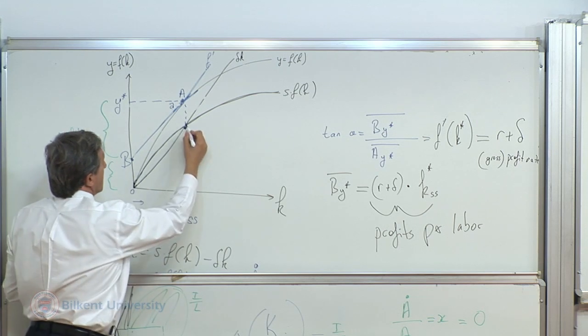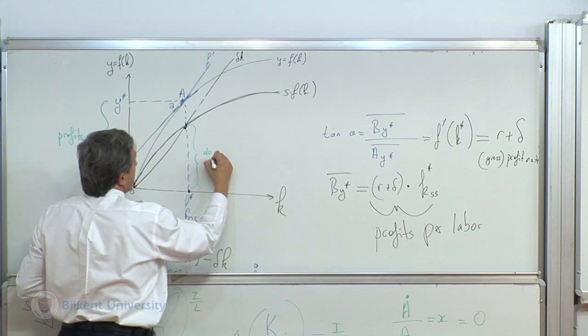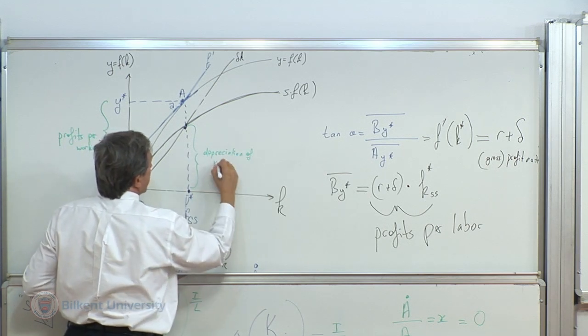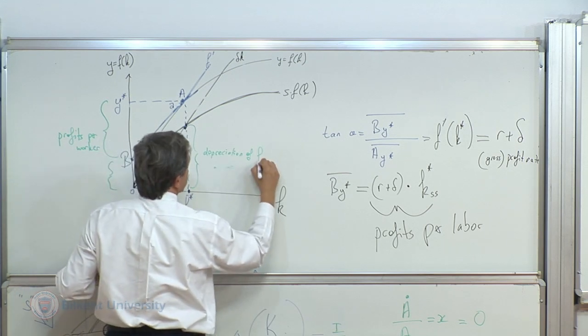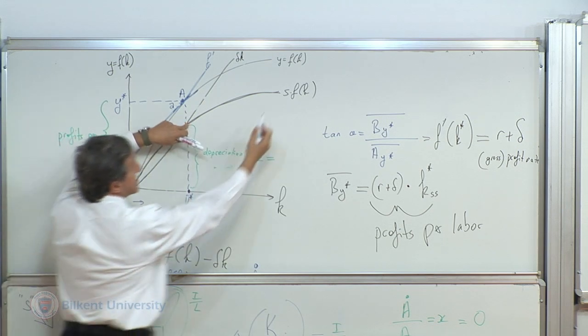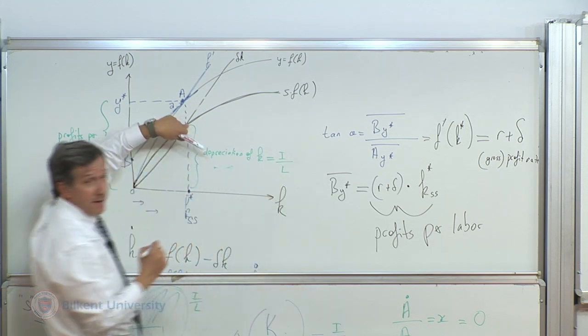But this is a good story to keep in mind as well. So this is depreciation of capital per labor, which is equal to also S times F of K. So it is also equal to investment per labor as well.